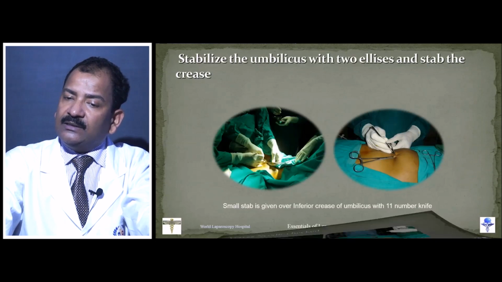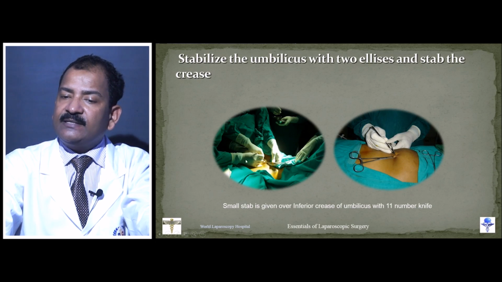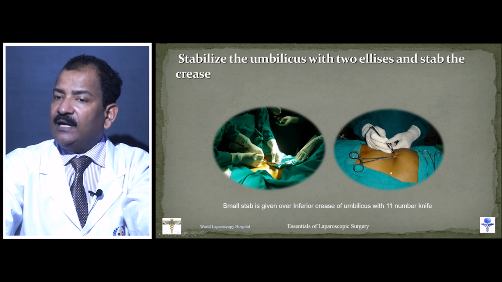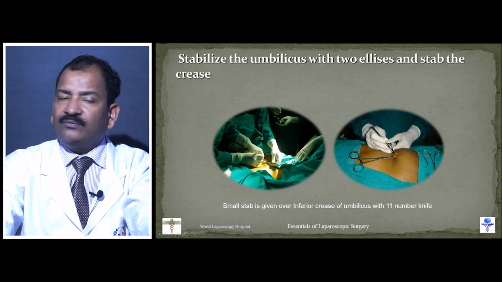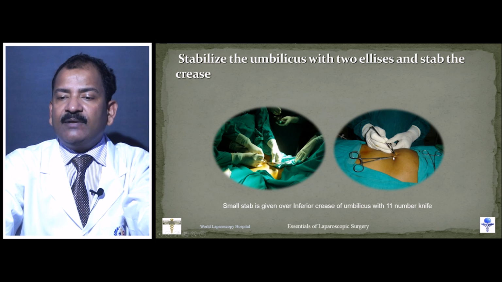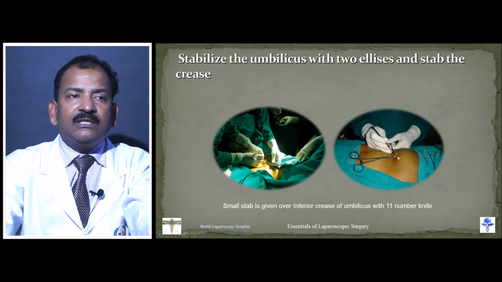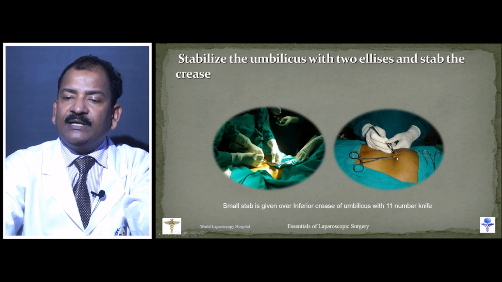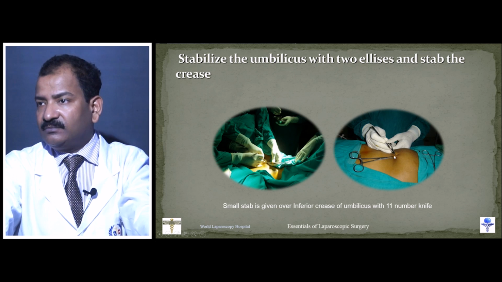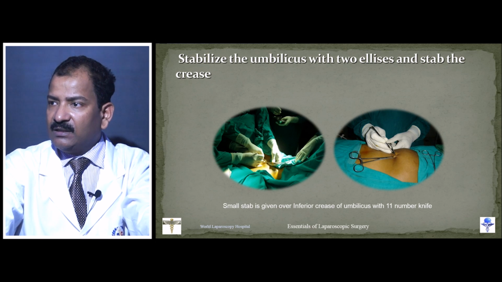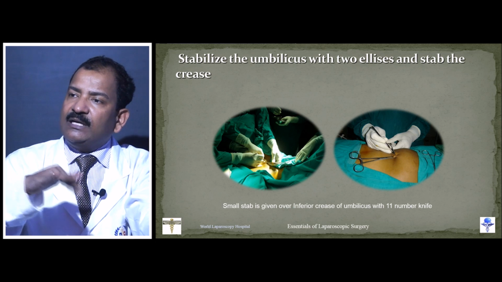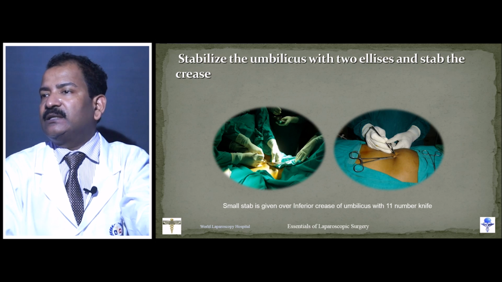After that, you should take 2 Allis forceps on either side, and with a number 11 knife, you should give a stab wound over the inferior crease of the umbilicus. Some people initially give an 11 millimeter incision.